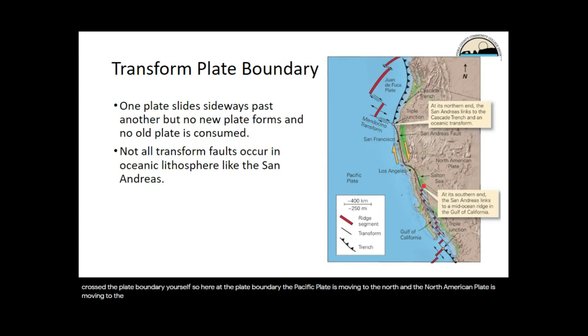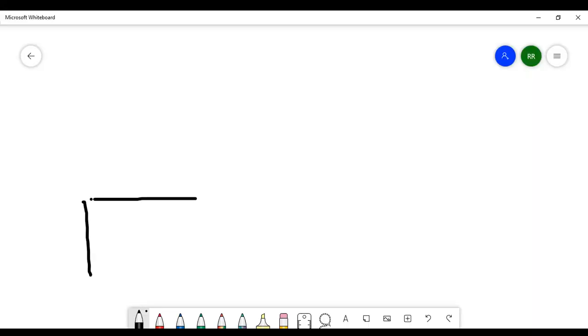So I'm going to pause and draw this for you. I'm going to try and draw this in 3D.